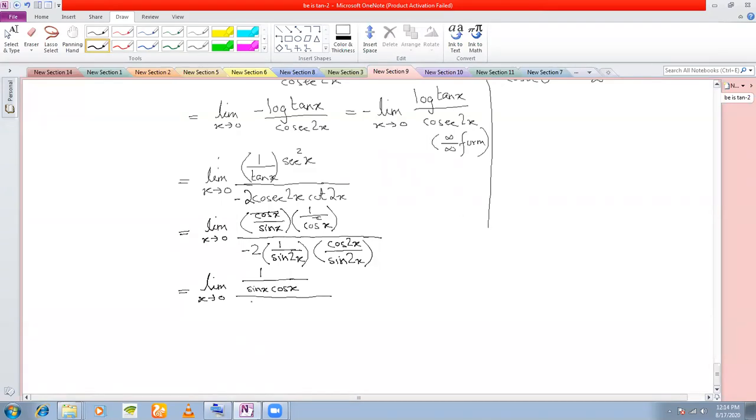So you're going to get minus 2 cos 2x divided by sin square 2x, right?